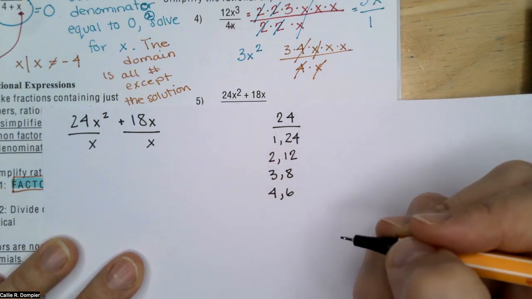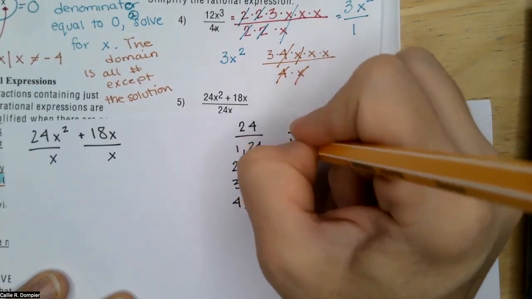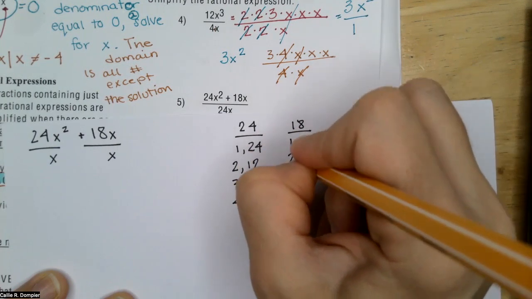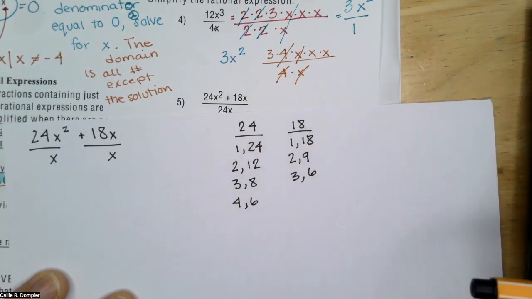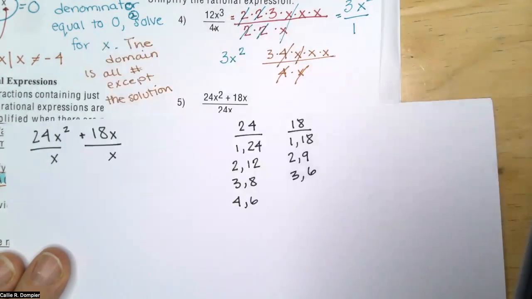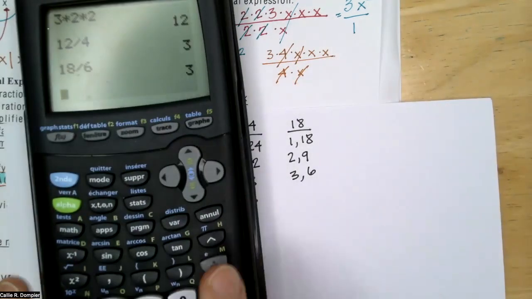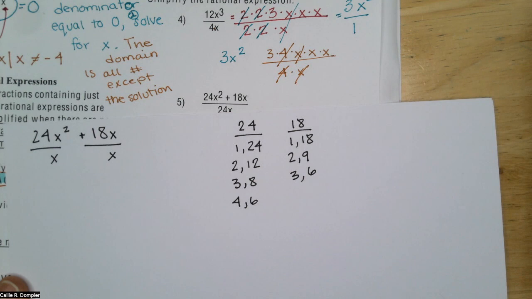And the factors of 18 are 1 and 18, 2 and 9, 3 and 6. 18 divided by 6 is 3. 24 divided by 8 is 3. Just good to make sure.